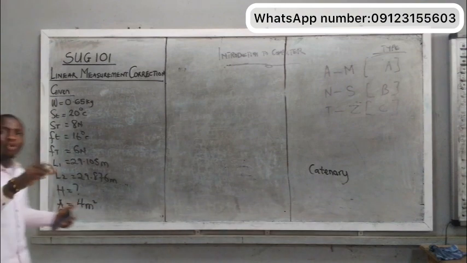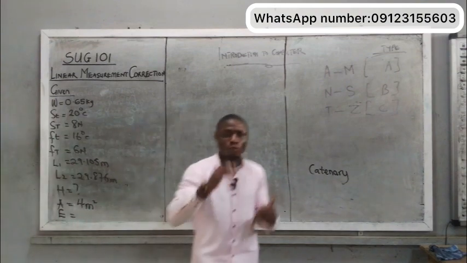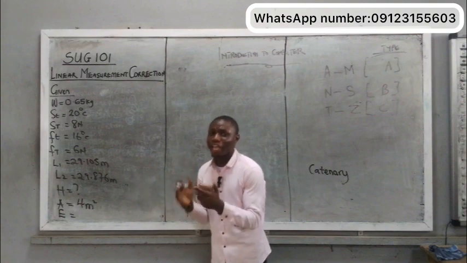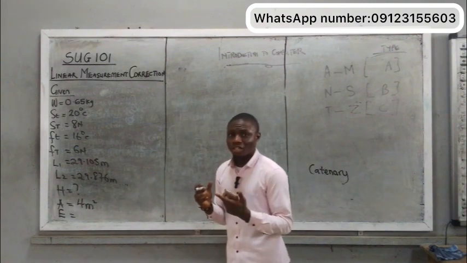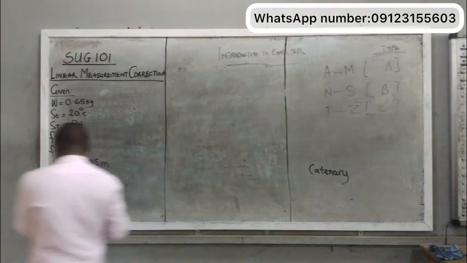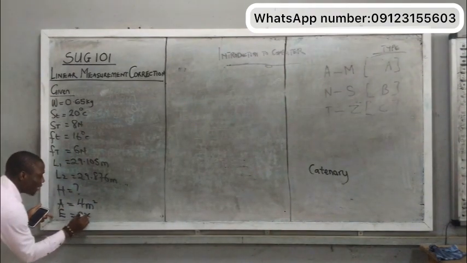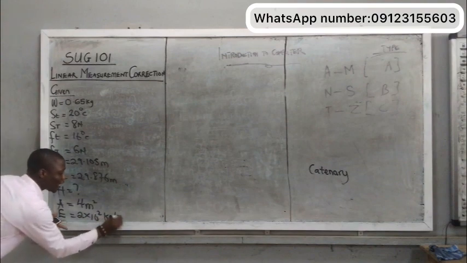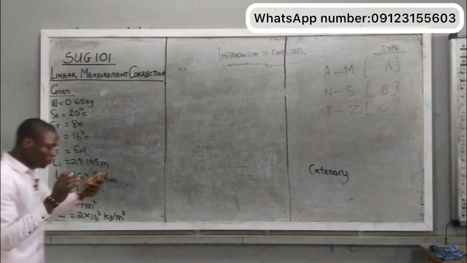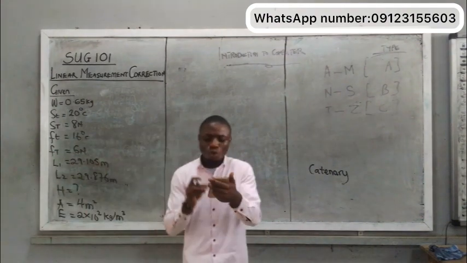Look at the way I am picking out parameters. Ensure your parameters are picked out carefully so you don't make mistakes. My Young's modulus is 2 times 10 power 2 kilogram per meter cube, respectively.